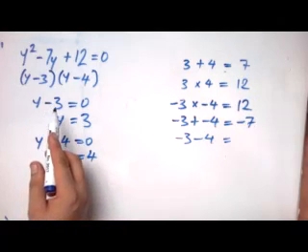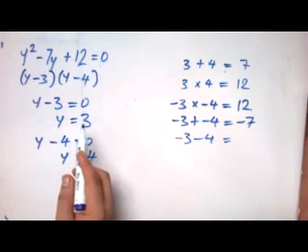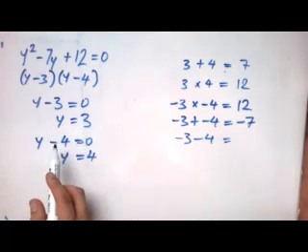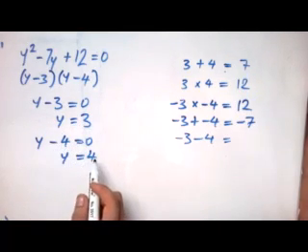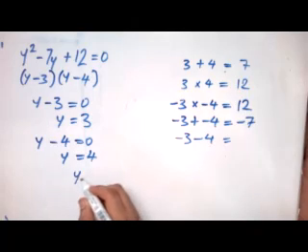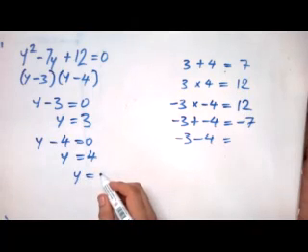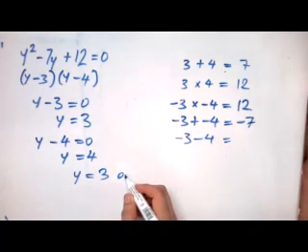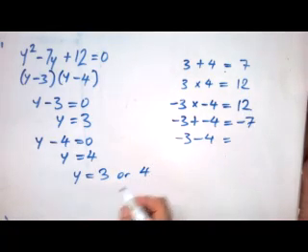Remember, minus 3 crossing over the equality sign will become positive 3. Minus 4 crossing over the equality sign will become positive 4. So in this equation, our answer will be y is equal to 3 or y is equal to 4 as our final answer. Very simple, isn't it?